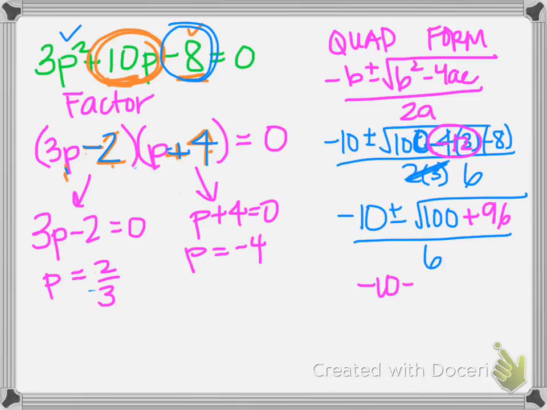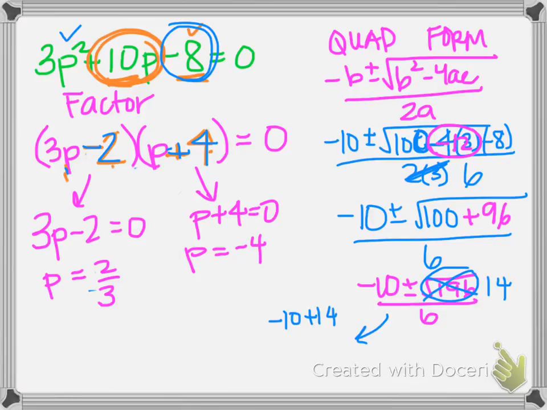So we have the square root of 196 over 6. So now let's go ahead, grab our calculator. The square root of 196 ends up being 14. So now let's go find our two answers. Negative 10 plus 14 divided by 6.